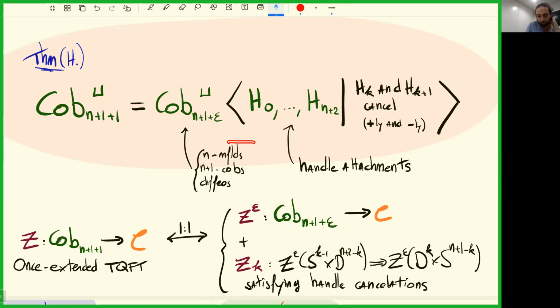But here there's nothing of dimension n+2. I've gotten rid of everything of dimension n+2, and I'm just looking at everything of dimension n+1 at most. The only things of dimension n+2 I'm going to allow are these handle attachments. These are very particular n+2 cobordisms that I will define again in the next slide.